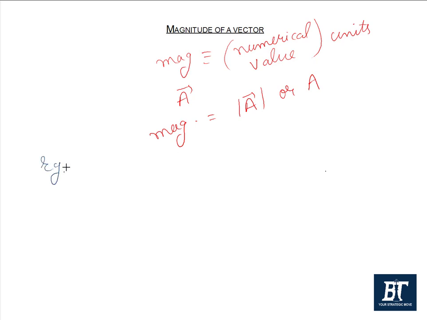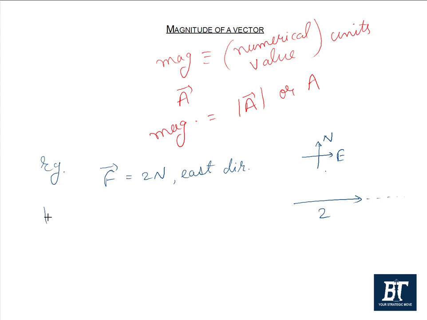Let's take an example. We have a force of 2 Newton and it is acting in the east direction. So this is how we write this. Vector F is equal to 2 Newton, and we know that this force is acting in the east direction. And if we have to draw this geometrically, then we will take a reference, and the length of this vector will be equal to 2 and the direction will be towards east.